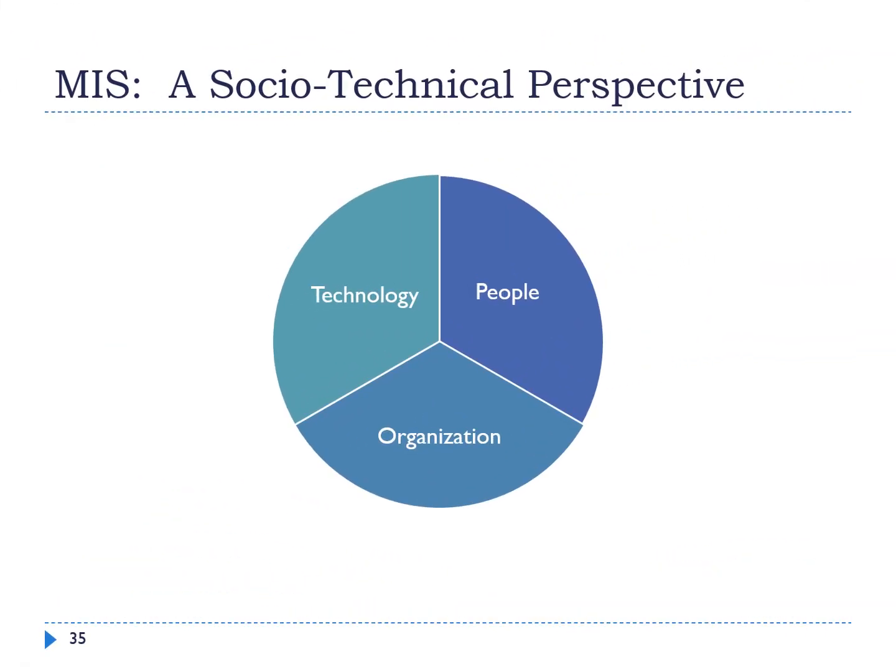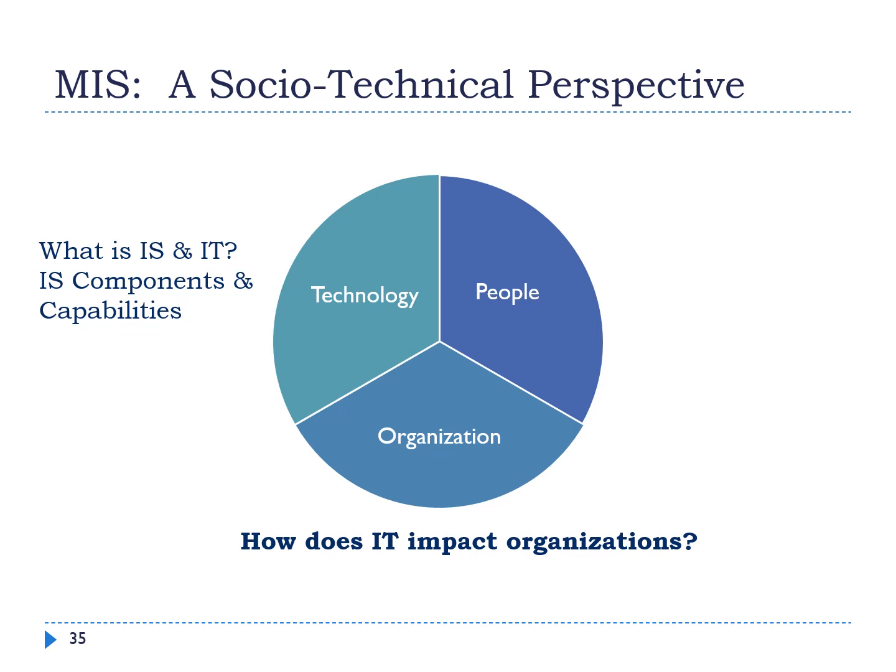Okay, so far we discussed IS and IT definition, components, and capabilities. I will leave you two sets of questions to think about at the end of the chapter. First, how does IT impact organizations in different industries, such as book industry, video games industry, and music industry?